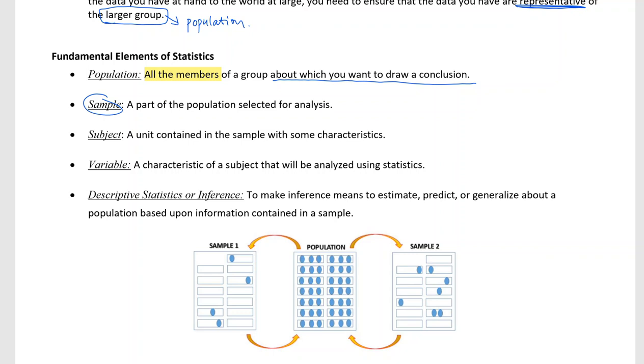Right, so for example, if this is United States citizens, and I want to study the yearly income average for United States citizens, it is possible to get everyone's income and then get the average of their incomes. Of course, it will be time spending, money spending, and worker spending, right?